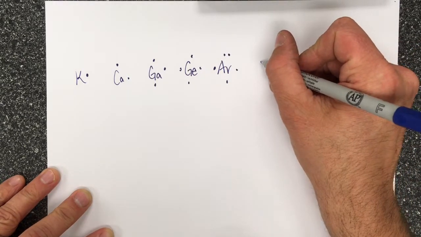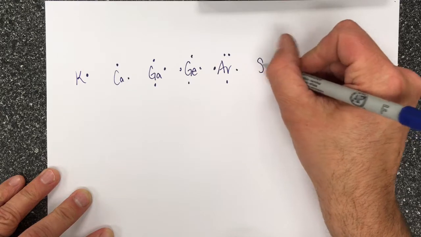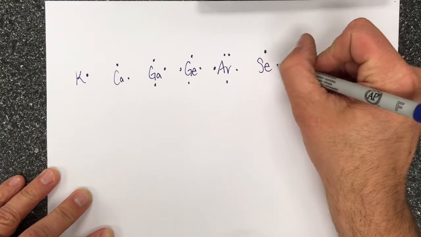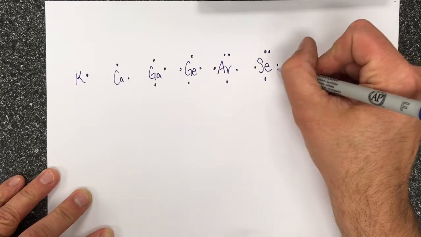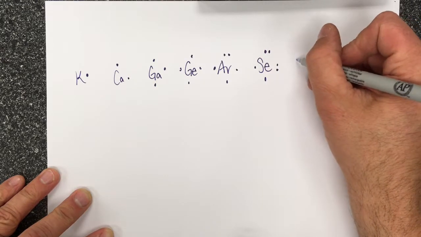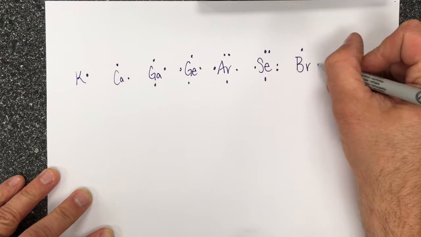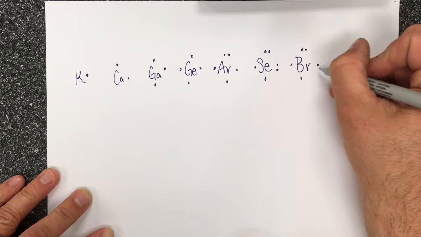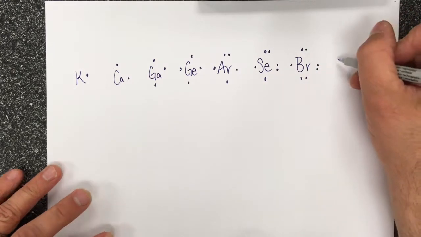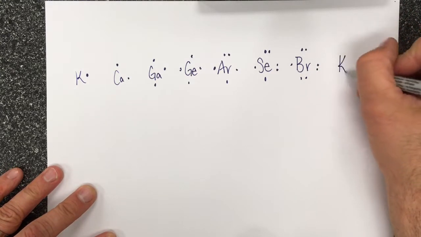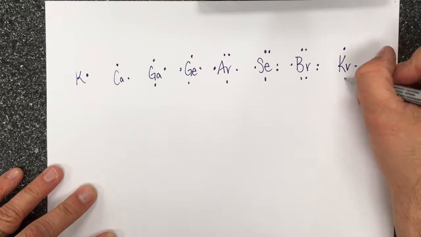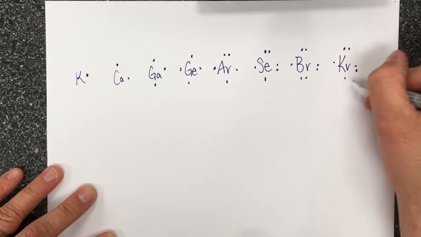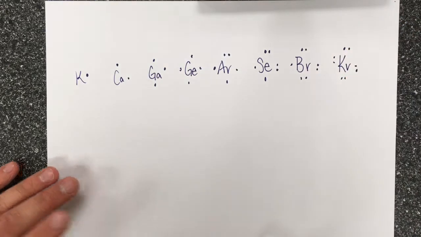Selenium is in group 16, so it has 1, 2, 3, 4, 5, 6. Bromine has 7 because it's in group 17. And finally, krypton has 8. Now, krypton is very stable because it has a full octet.